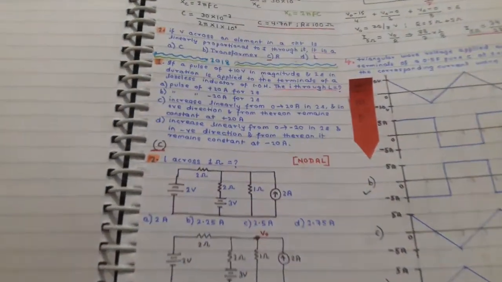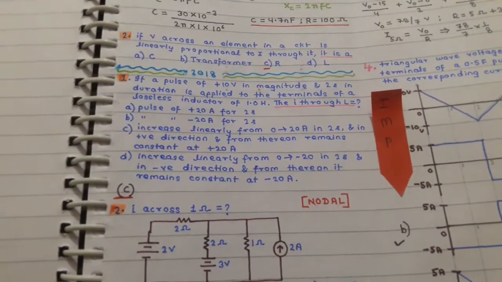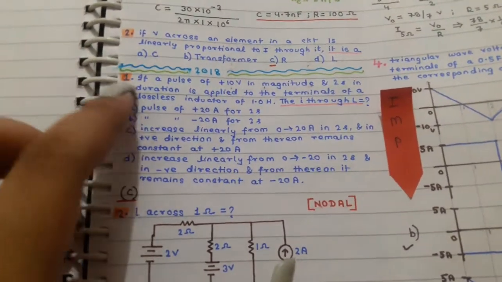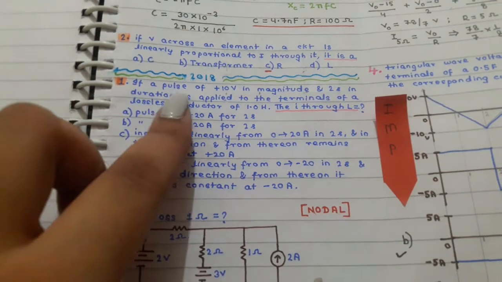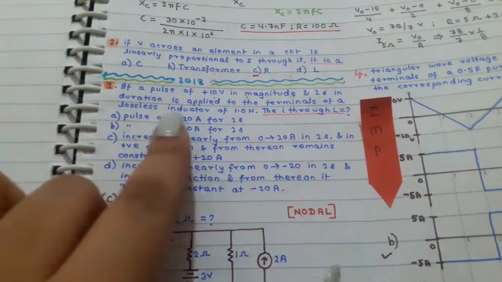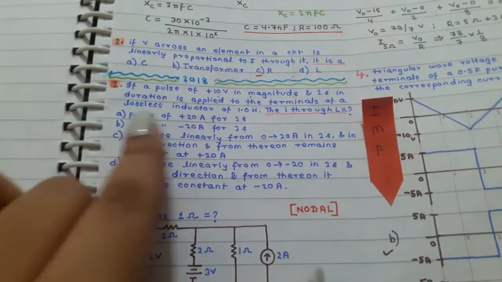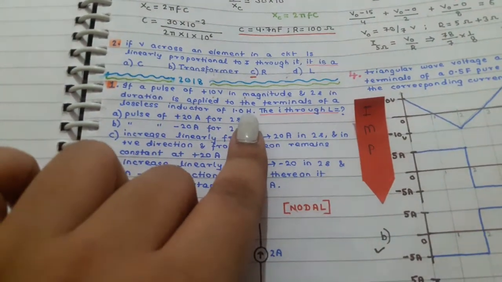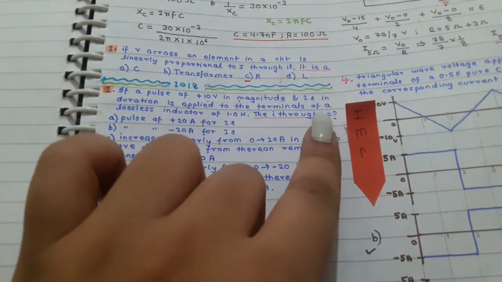So let's get started. In 2018, the first question asked is: if a pulse of 10 volt in magnitude and 2 seconds in duration is applied to the terminals of a lossless inductor of 1 Henry, then the current through the inductor is?